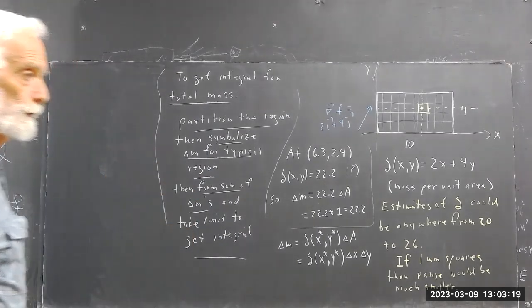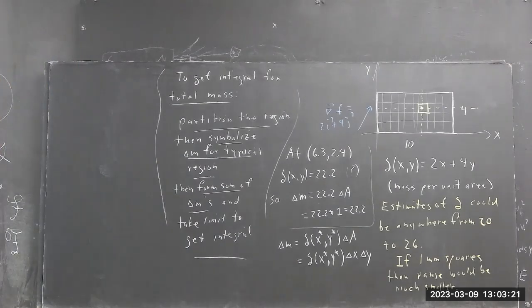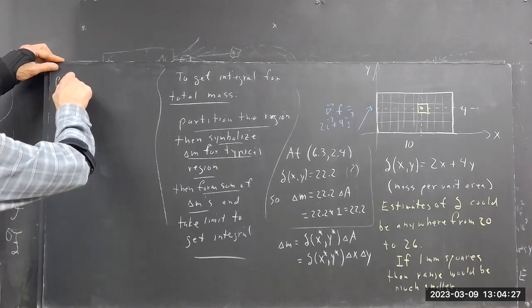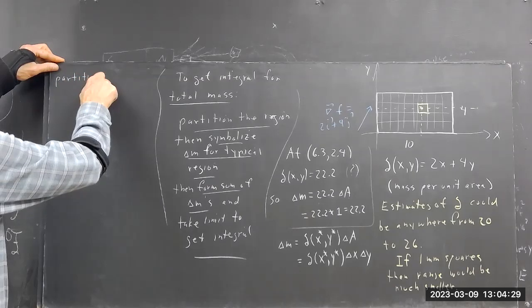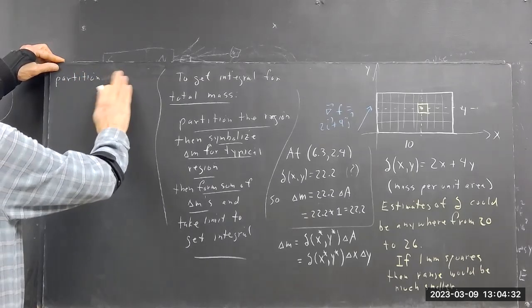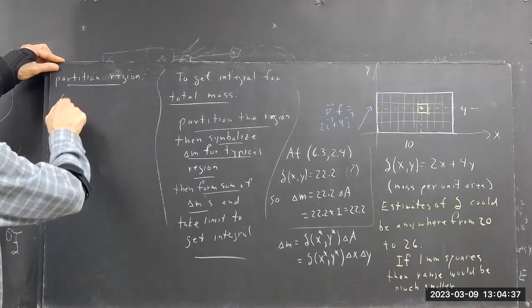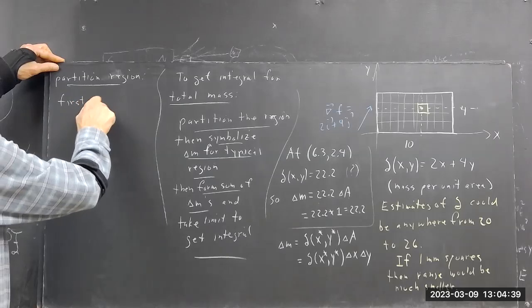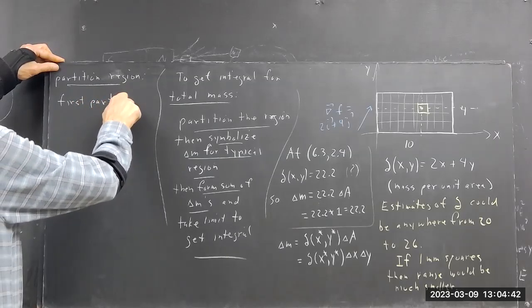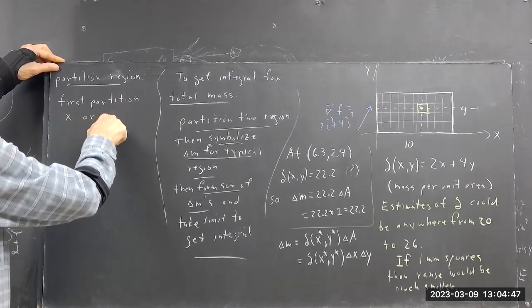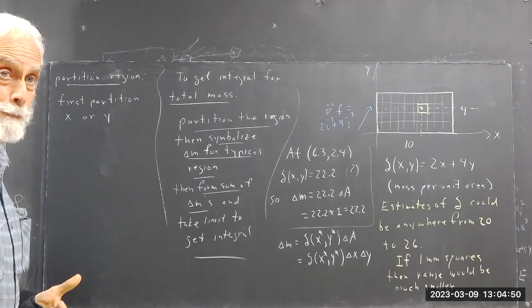Okay, how are we going to partition the region? Talk about that for a second. Yeah, first we partition X and Y.